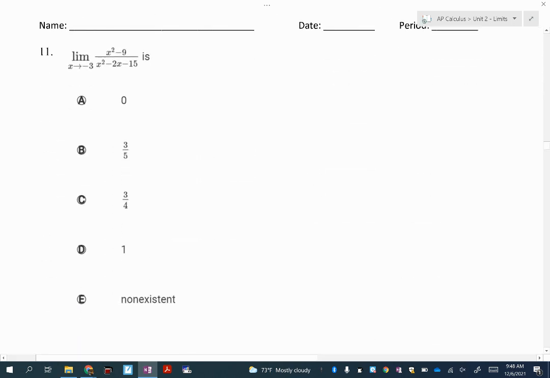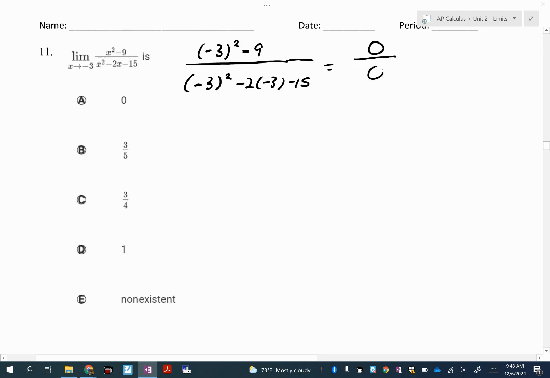Okay, now if I were to plug in -3 to try to evaluate this limit, you're going to see that I get 0 over, let's see, 9 plus 6 is 15 minus 15 is also 0. But you should notice that these are both quadratics, so I'm trying to factor them. The numerator is the difference of two squares.